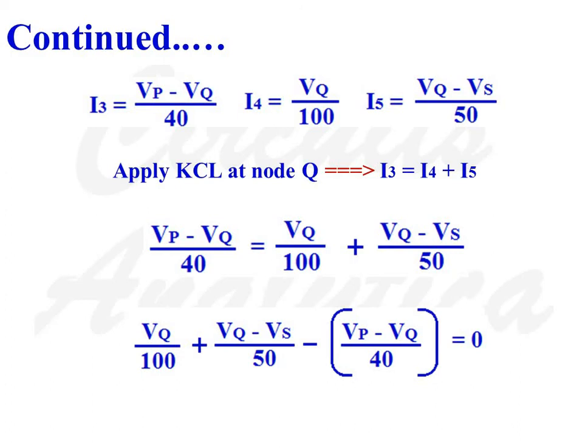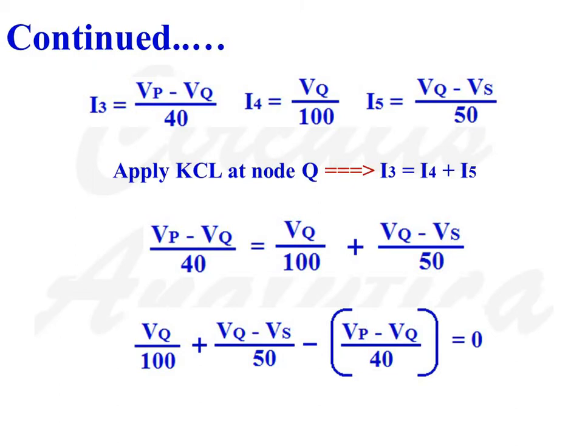So applying KCL at node Q, I3 is equal to I4 plus I5. So (Vp minus Vq) divided by 40 is equal to Vq by 100 plus (Vq minus Vs) by 50.